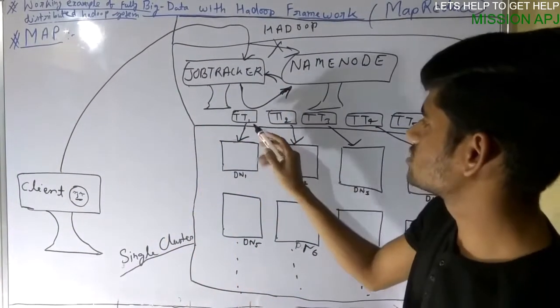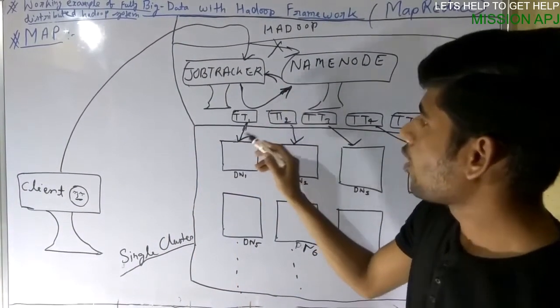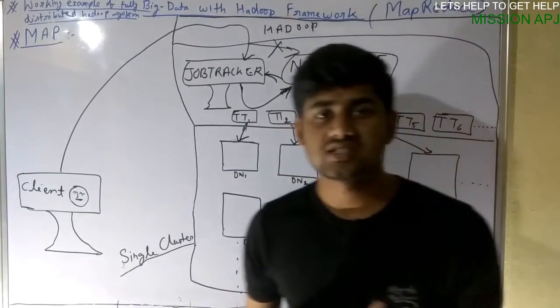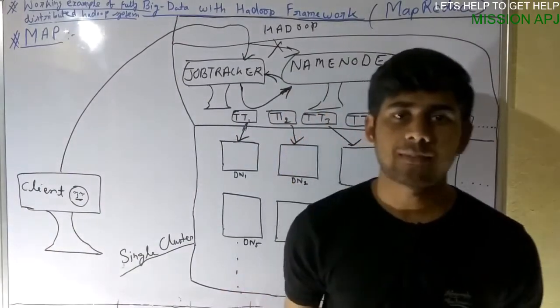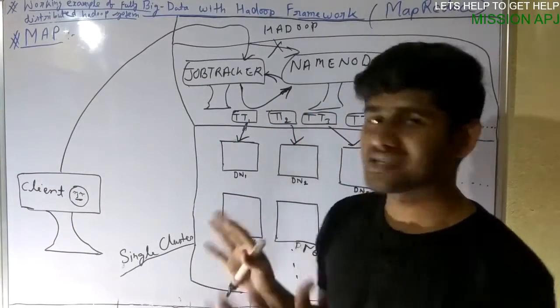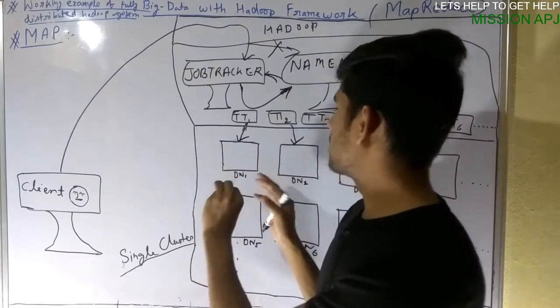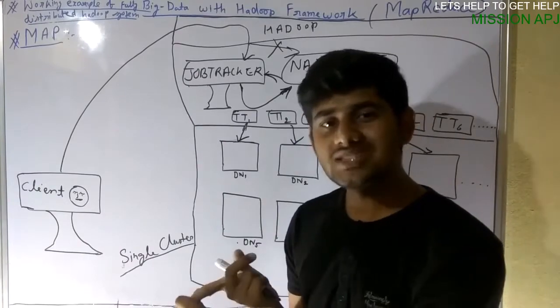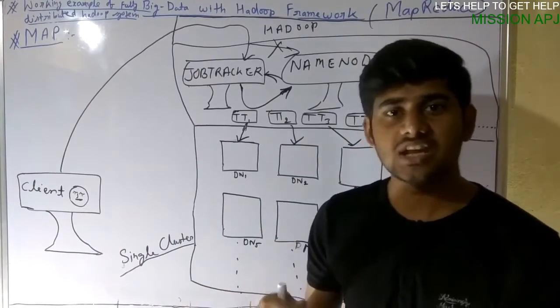Now the task tracker got the job. What it does is it initiates a process called map, whose task is to do the job using this data, and that process is initiated as an algorithm.